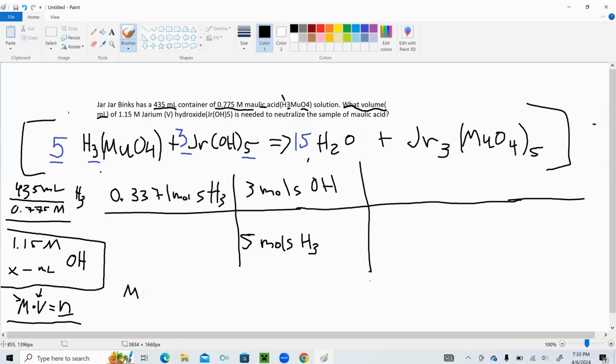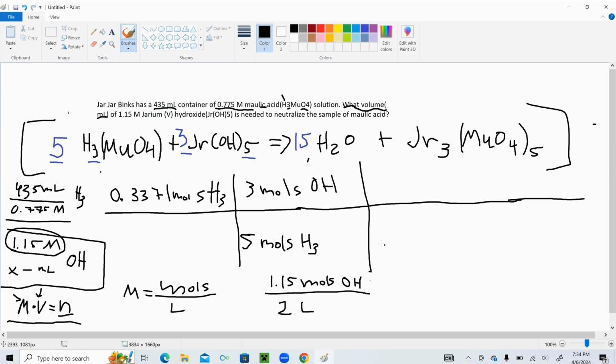Remember, molarity is moles over liters. So think about it this way. This 1.15 M is really 1.15 moles of the base per 1 liter.